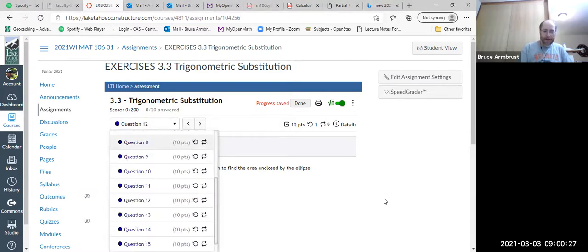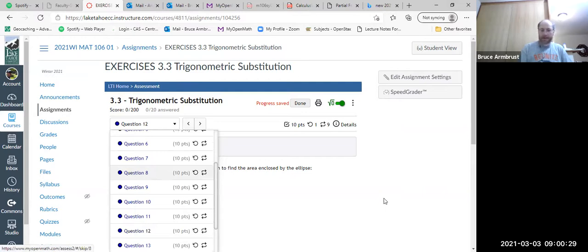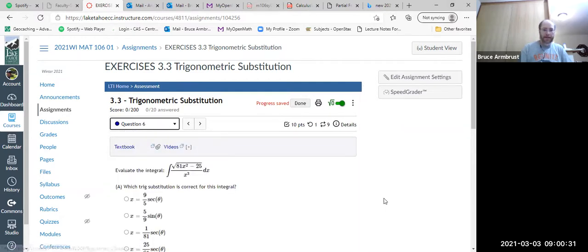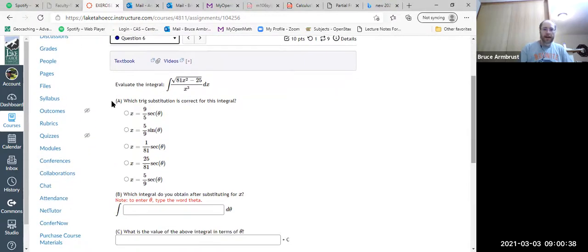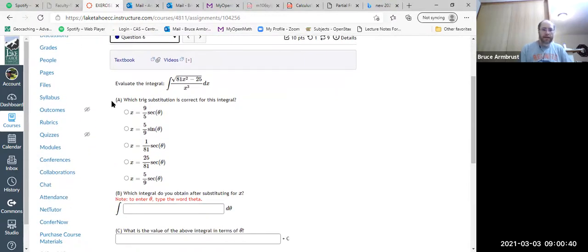All right, so I know that there was the 6 maybe. Let's go take a look at 6 and just see what we're going to do for this one. Starts with, okay, so which trig sub is going to be correct for this integral? So let's look at it. First of all, what tells you you're going to want to use trig sub?